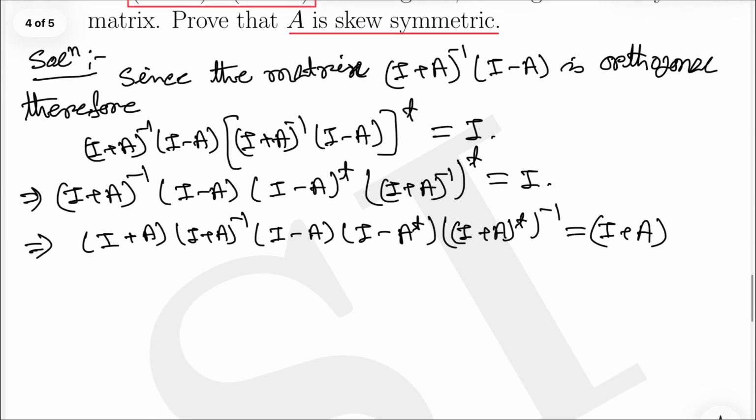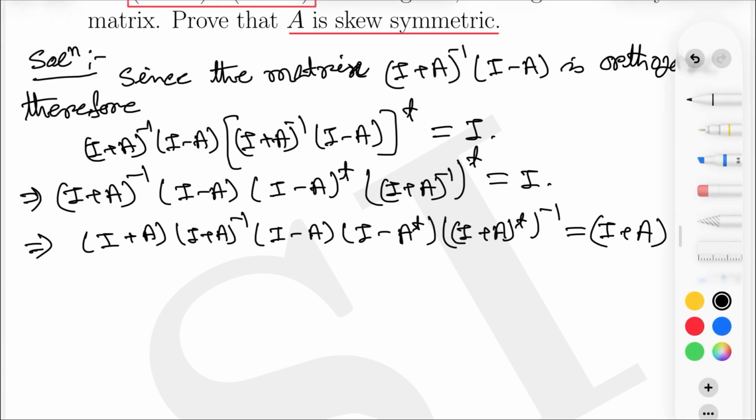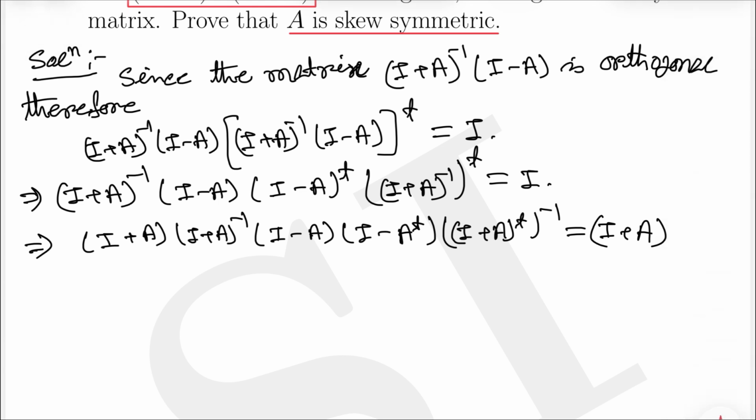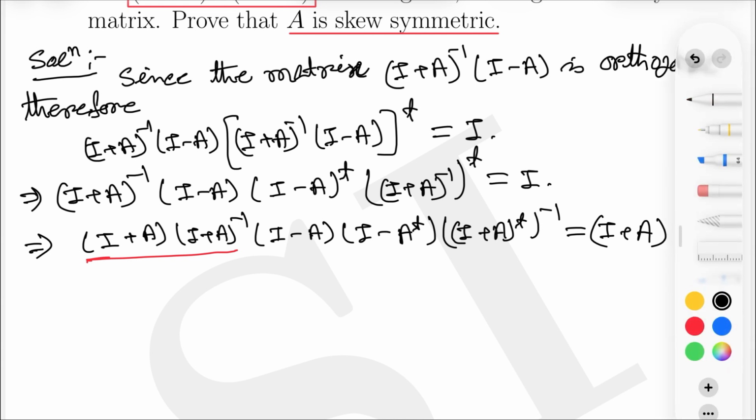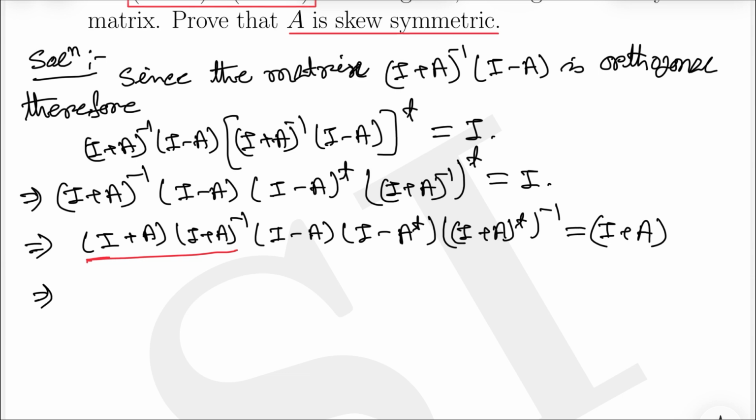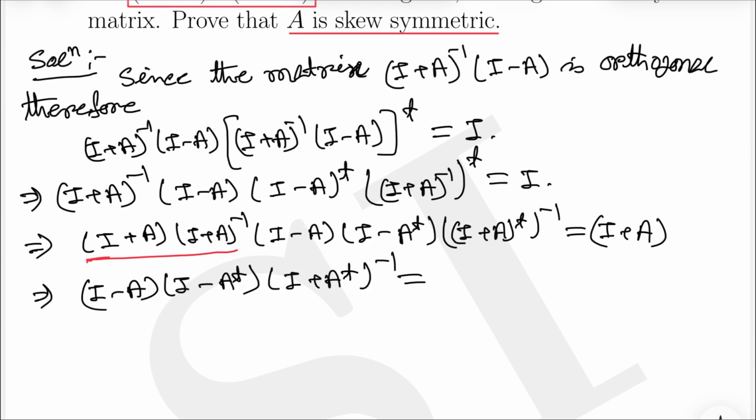Okay, so actually (I plus A) into (I plus A) inverse is identity. So we have (I minus A) into (I minus A transpose) into ((I plus A) transpose) inverse is equal to (I plus A).